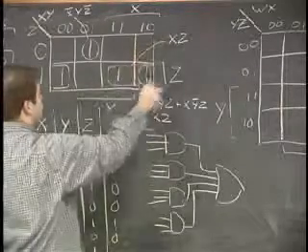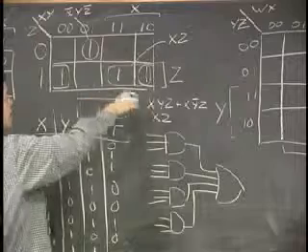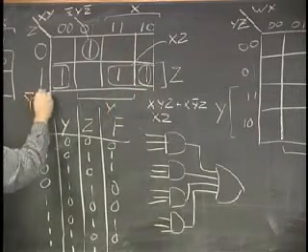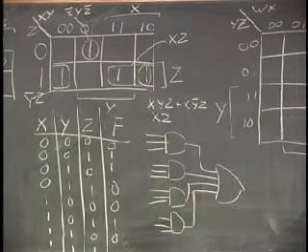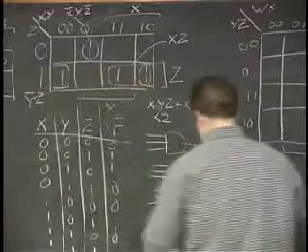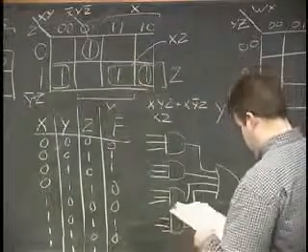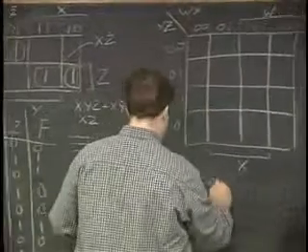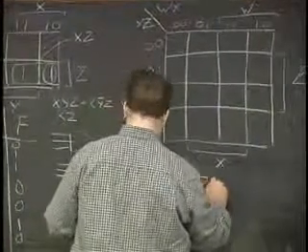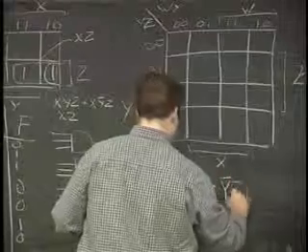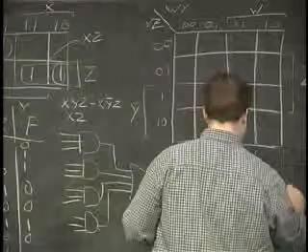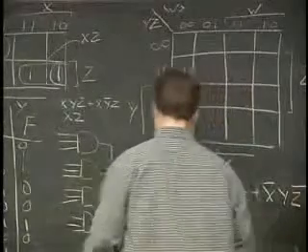If we eliminate the x from that expression, it becomes not y and z. So our new expression is f equals x and z plus not y and z plus not x, y, and not z.